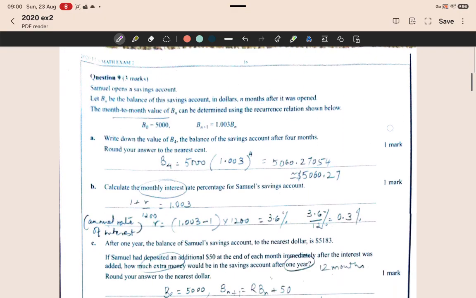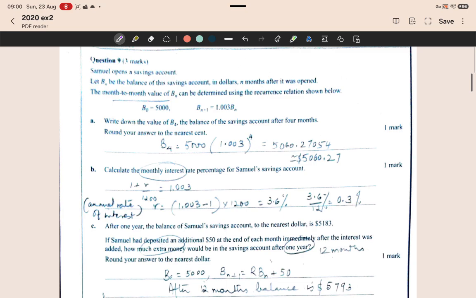The next question, it's not too clear, but if you have your paper in front of you, I think you can follow. Samuel opens a savings account. The balance of the savings account n months after it was opened is, so this is the month-to-month value, and because it's a savings account, clearly you can see that Vn plus 1 is equal to R times Vn.